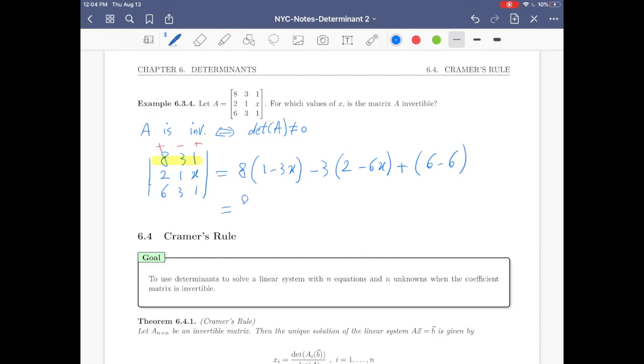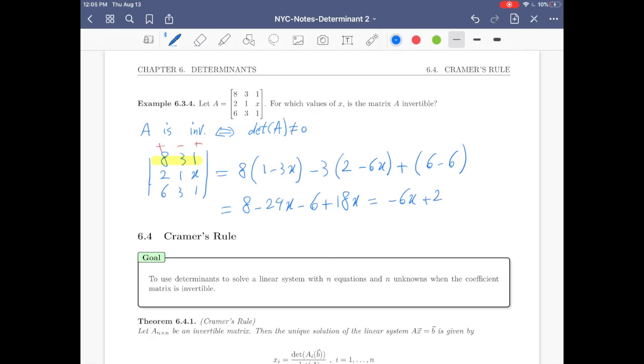That becomes 8. Let me simplify: 8 minus 24x minus 6 plus 18x. That gives us minus 6x plus 2.